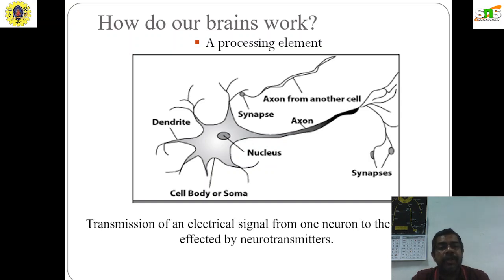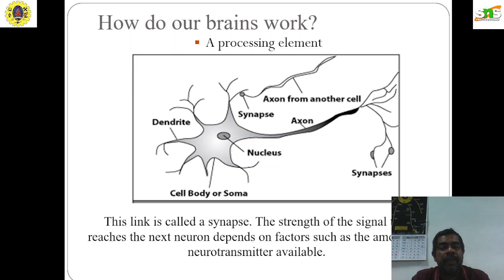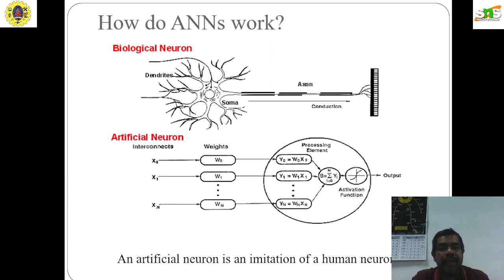The transmission of the electrical signal from one neuron to the next is affected by neurotransmitters. These neurotransmitters are chemicals, mainly proteins, released by the first neuron, which bind to the second. The link is called a synapse. The strength of the signal that reaches the next neuron depends on factors such as the amount of neurotransmitter available. In continuation, we will see how the rest of the things work.